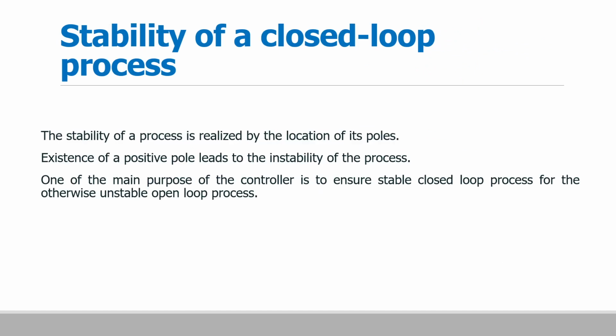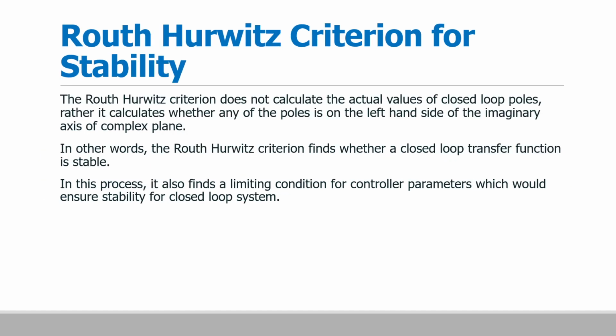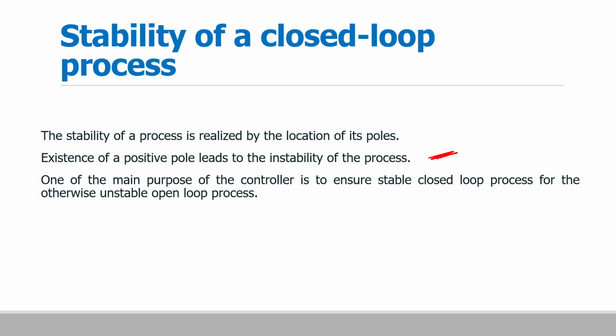Right now we are studying the stability of the closed loop process, and these 2 points are important. This point is about the existence of a positive pole leading to the instability of the process. That is, if the poles are on the right half plane, then the system will be unstable. So we need to calculate the poles of the system.